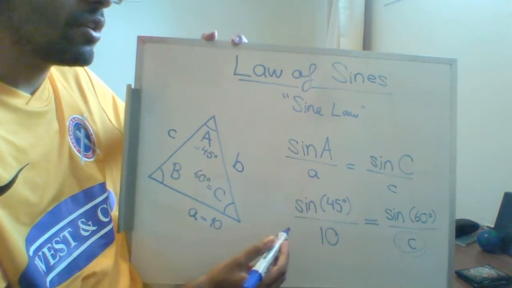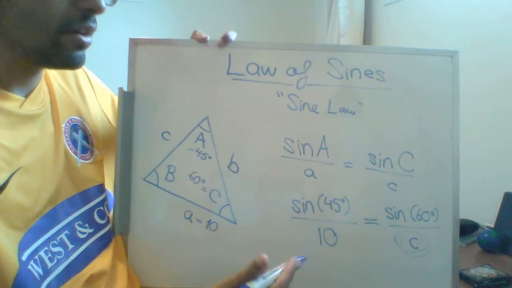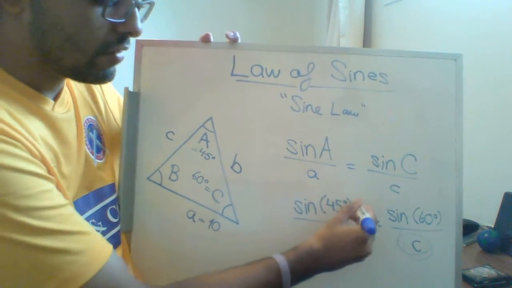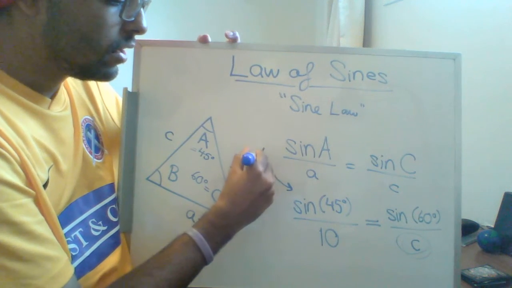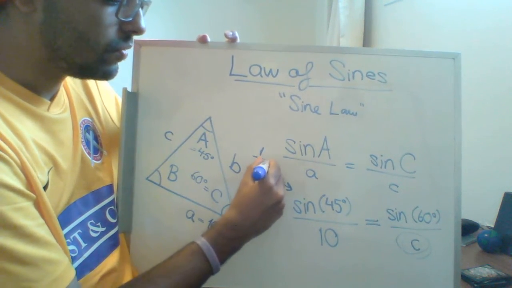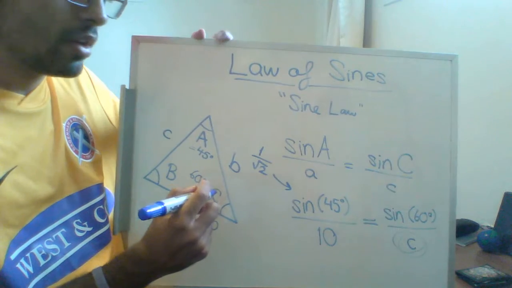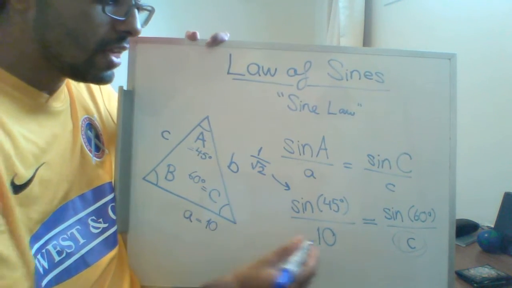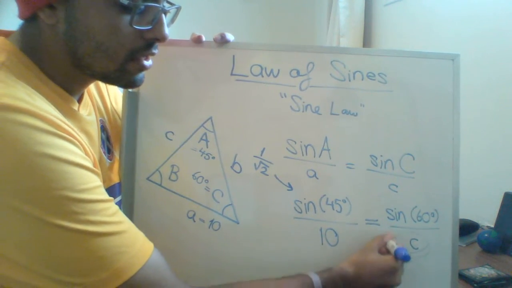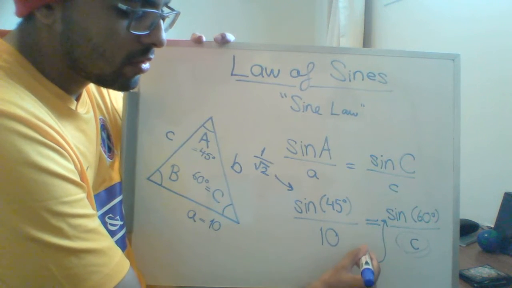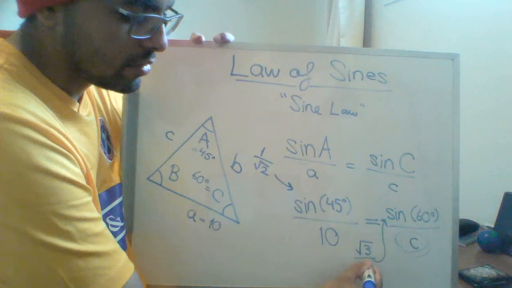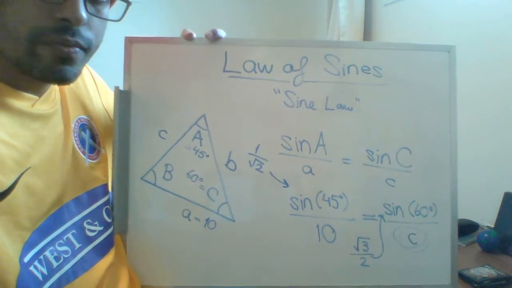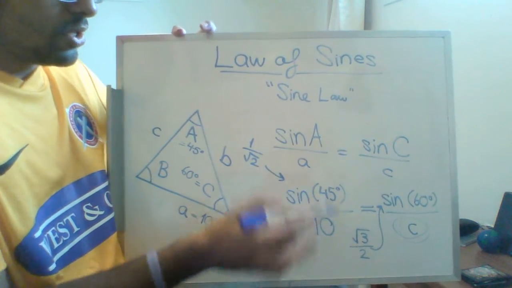Now sine of 45 degrees, you can plug this into your calculator if you wish. Sine of 45 degrees is, I believe, 1 over root 2, 1 over the square root of 2. And sine of 60 degrees is the square root of 3 divided by 2. So this is what we're working with.